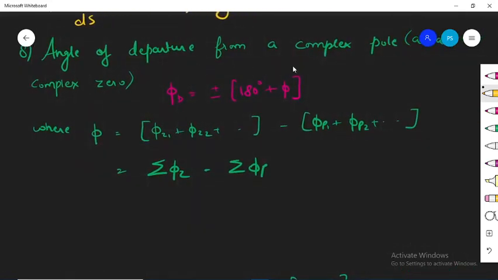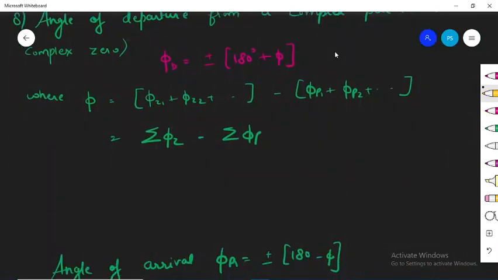So why we have this rule is that in any system it's not necessary that you always have real poles or real zeros only. Like the systems we have seen till now, where in the s plane we can have two poles over here, one zero over here, one zero over here.